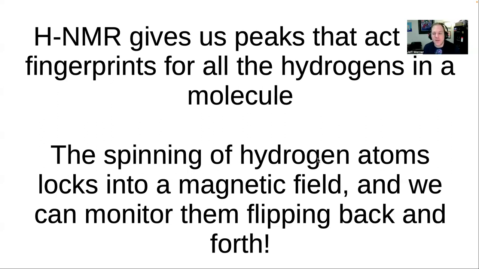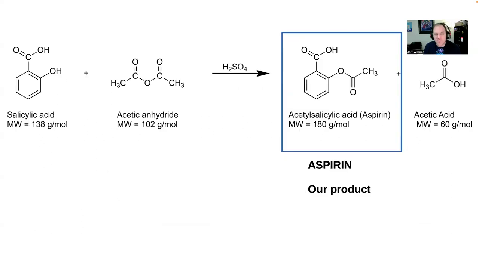This comes from the fact that the nucleus of a hydrogen atom has a spin that interacts with the magnetic field. So we can look at the spin of hydrogen atoms and the energy associated with that spin flipping back and forth, and how much of a magnetic field it takes to interact or lock onto them.